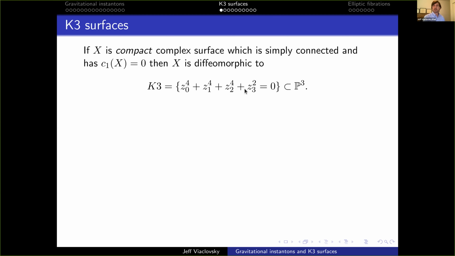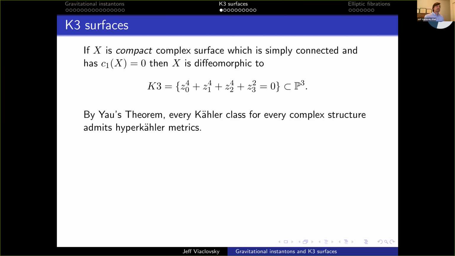So there's only one diffeomorphism type. By Yau's theorem, every Kähler class for every complex structure admits a Ricci-flat Kähler metric. It's simply connected, so it has to be hyperkähler.